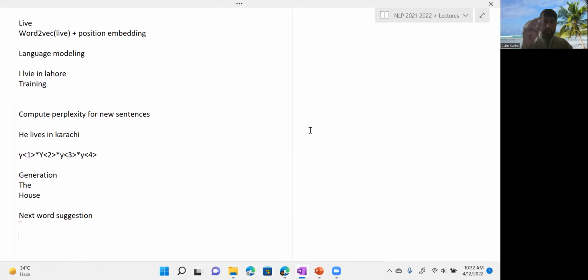By the way, this application where we are generating a word given some context, which is of course the preceding context, is generally also called conditional generation.